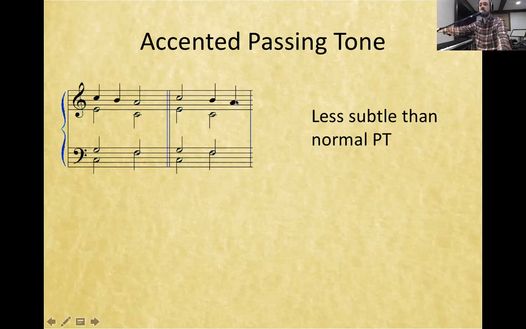We have a resolution note A that's also in the chord that it's going to, and these are a skip of a third, C to A. So the original here would have been in the soprano, C to A. Very nice. And the B is not in that chord. It's not in either of those chords. And so it's passing between these two notes, right? So it still fills all these parameters of being a passing tone, despite the fact that now it has a much more noticeable rhythmic accent.